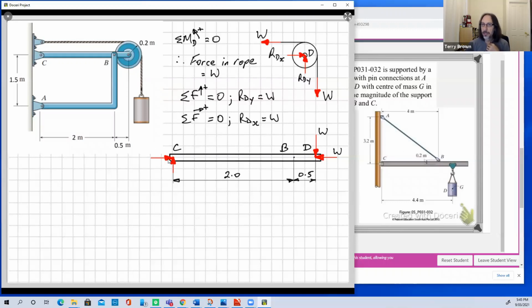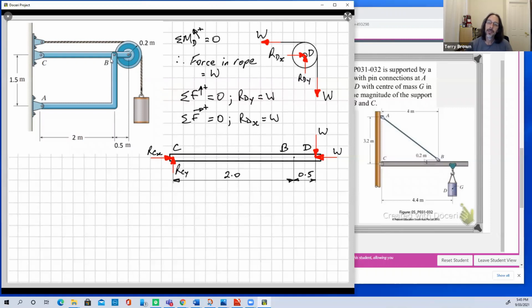But anyway, over at C we've got our reaction forces or reaction components. Give them some labels. And then at B we need to put on the force here.